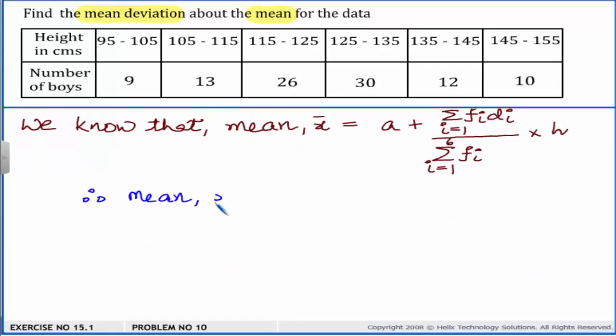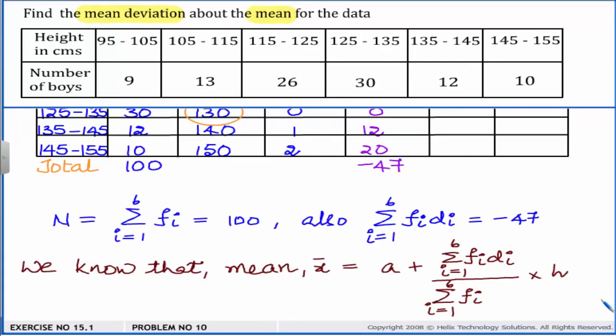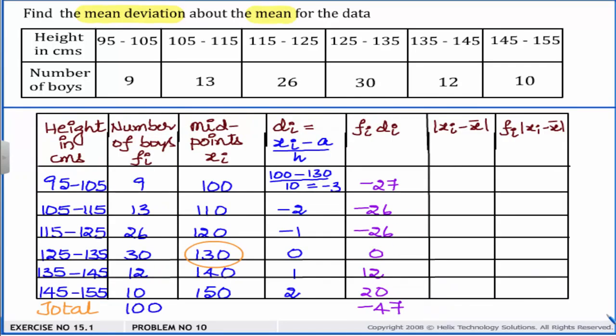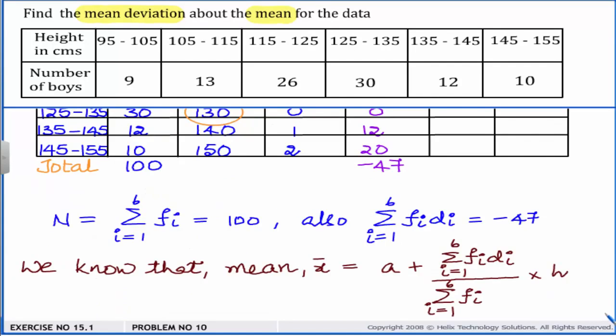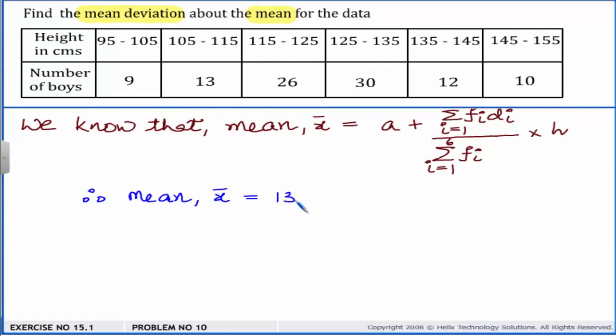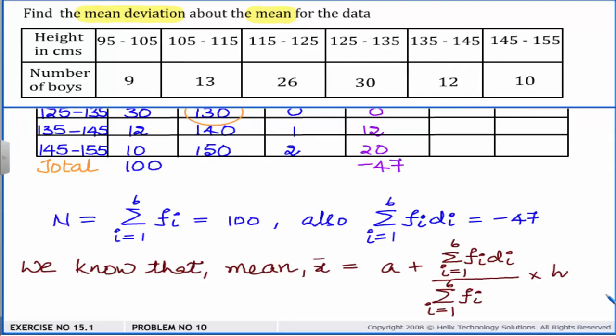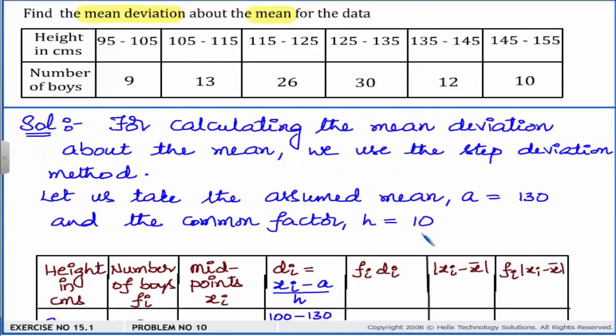Now let us substitute the values in this. Mean is equal to x bar is equal to assumed mean, which we have taken as 130. So let us write the same here. 130 plus summation fi into di, where i equals 1 to 6 is minus 47 upon the sum of the frequencies is equal to 100 multiplied by the common factor, that is h is equal to 10.